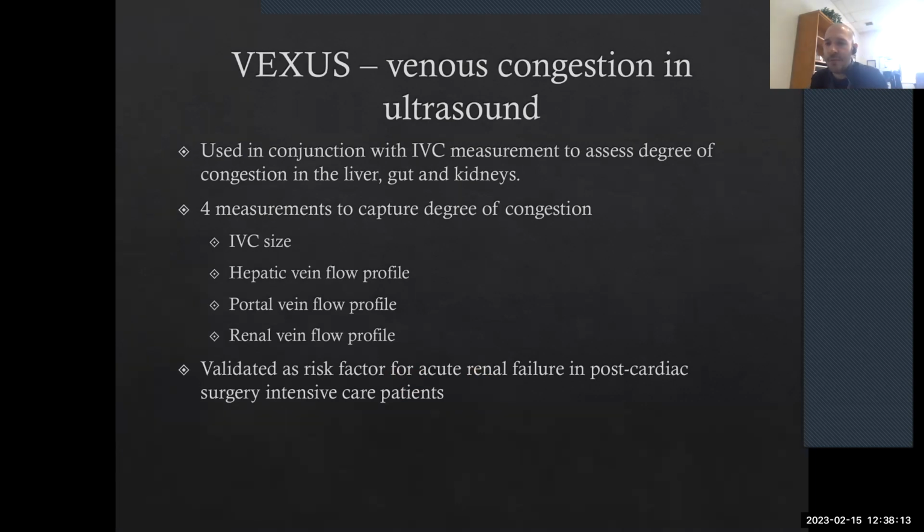These are Doppler flows, and we trace the waveforms and compare them to what we expect the normal to be. This initially came out of Montreal and was validated in critically ill cardiac surgery patients as a risk factor for acute renal failure. And we've now begun to extrapolate it towards fluid tolerance and fluid effects on the body.